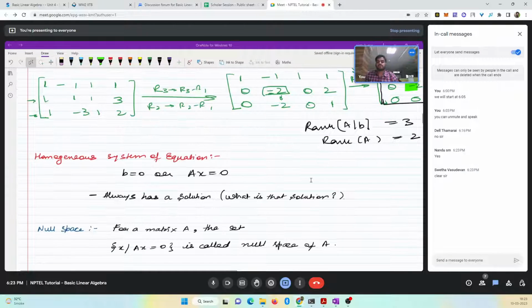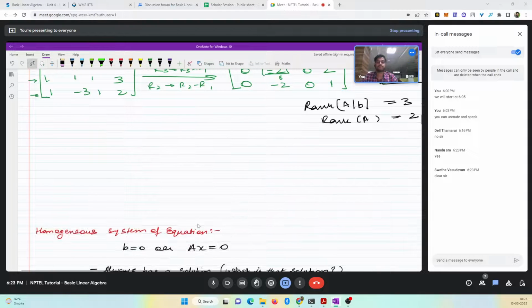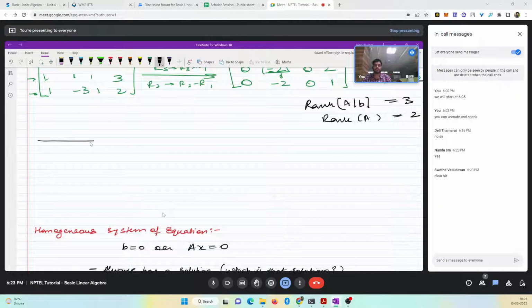Okay, I'll move ahead. When we talk about systems of equations, there are two types. One is called a homogeneous system of equations. The second is a non-homogeneous system of equations. What is the difference? A homogeneous system has equations of the form Ax is equal to 0. So the right hand side is 0 in the case of a homogeneous system.